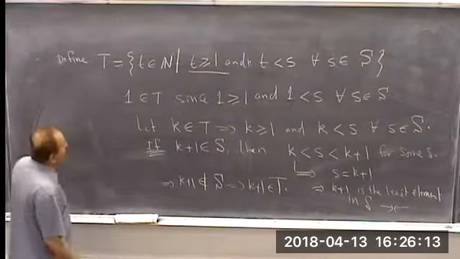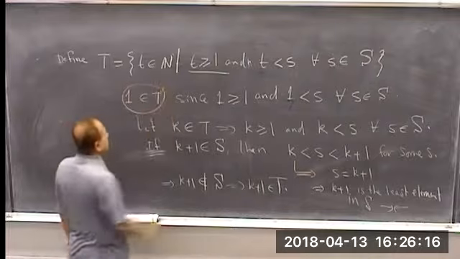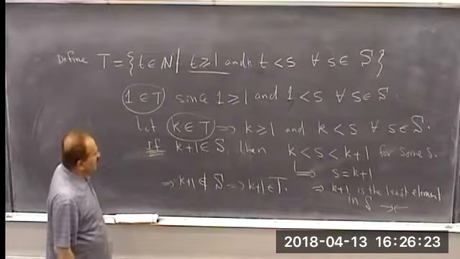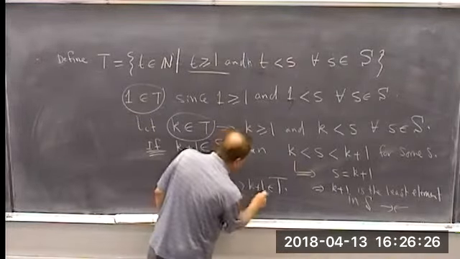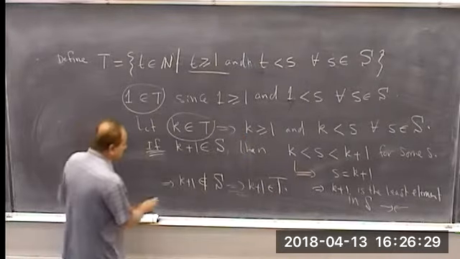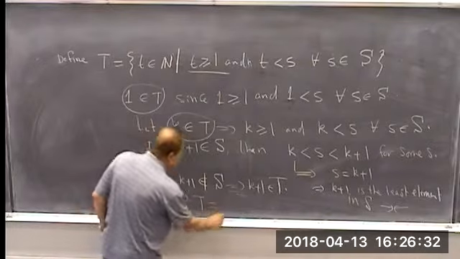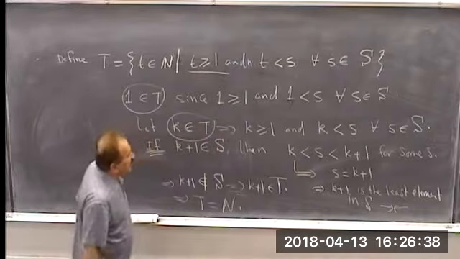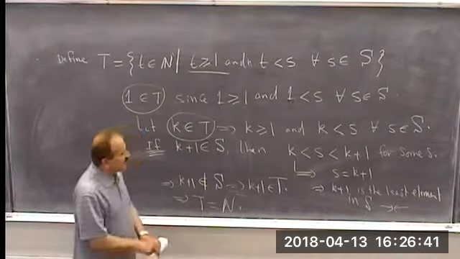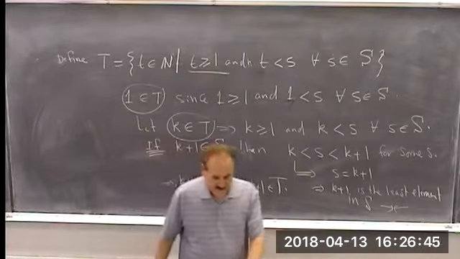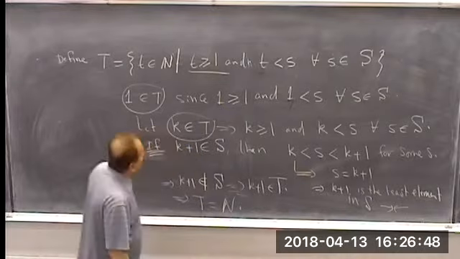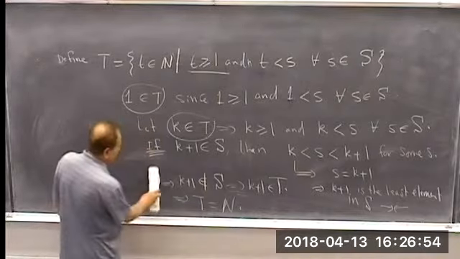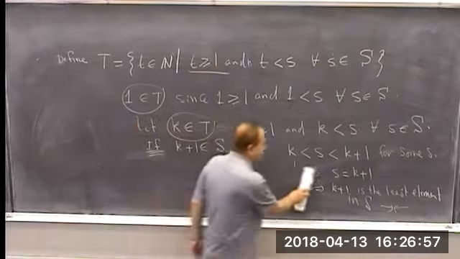But let's see what we have. We have 1 is in T. And if we take k in T, then we proved that k plus 1 is in T. All this together implies that T is equal to N. All right, and this proves that the principle of mathematical induction follows, because that's what our definition of T means.